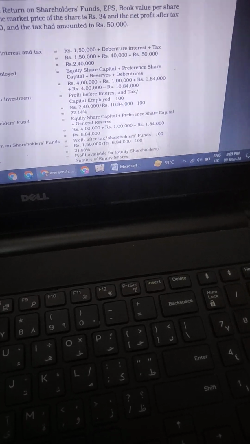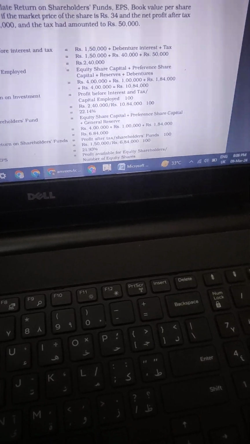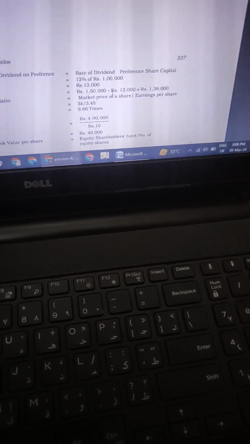It is 12% preference shares, amount given is 1 lakh, so the preference dividend will be 12% of 1 lakh, that is 12,000. Then profit available to equity shareholders will be 1,50,000 minus 12,000, that is 1,38,000.